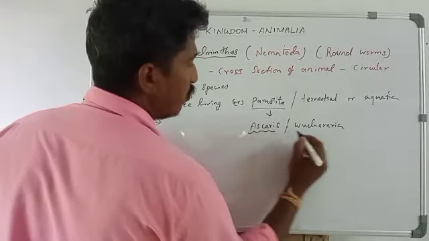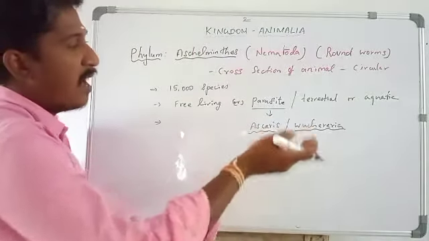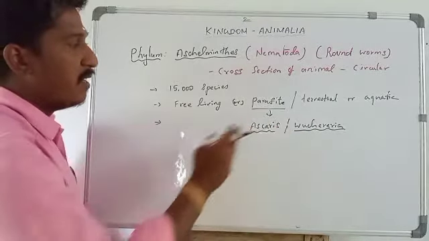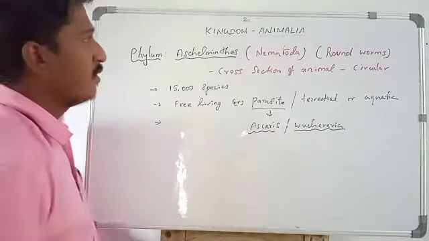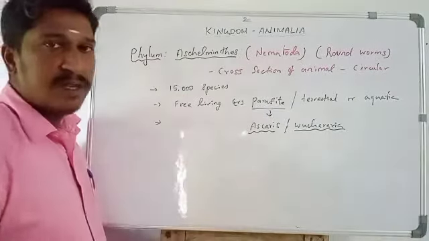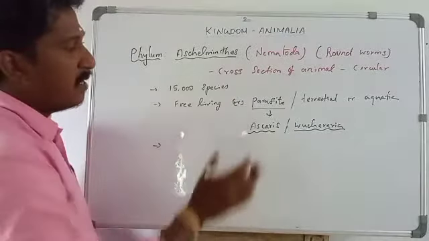These two worms live in the animal body as endoparasites. This is the common example of nematoda or Ascomynthus. Then these are the basic characters.